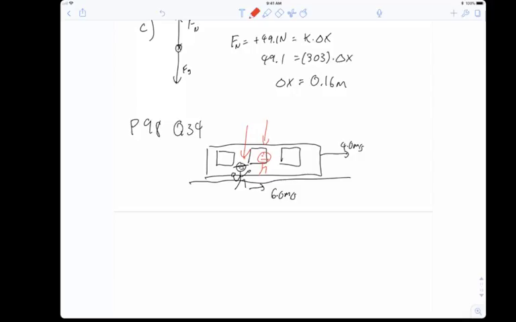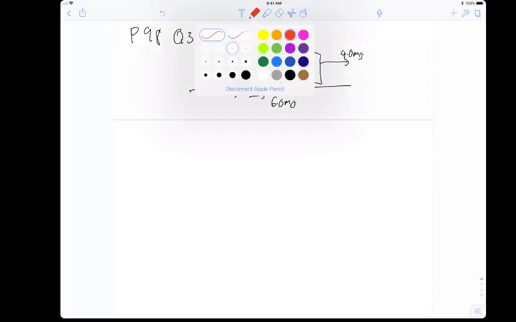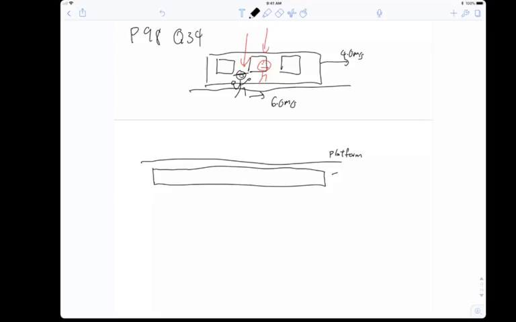It's kind of hard to draw on the side here. Let's draw it from above. The train has a star on it at the front.